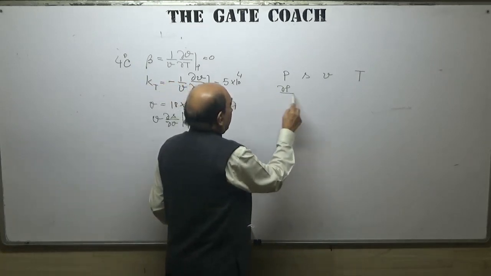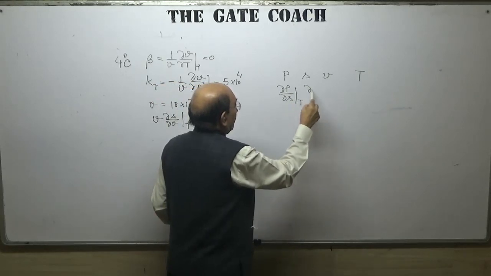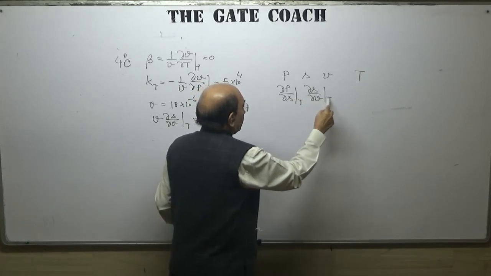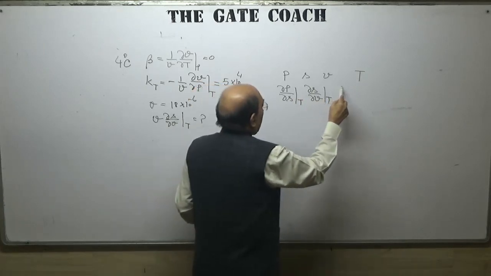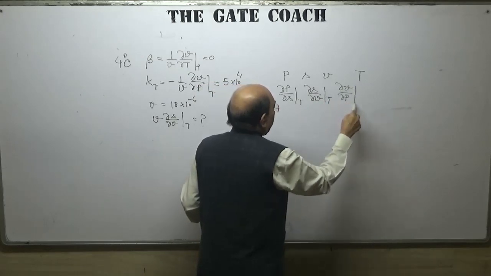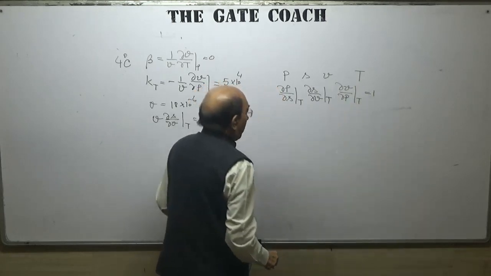So del P by del S at constant temperature, del S by del V at constant temperature, into del V by del P at constant temperature, this is equal to 1.